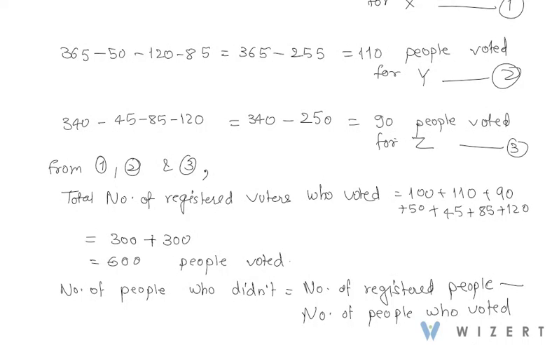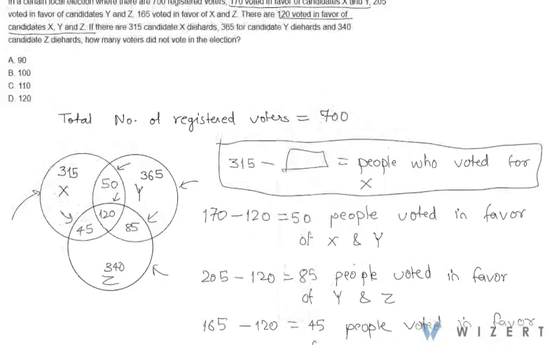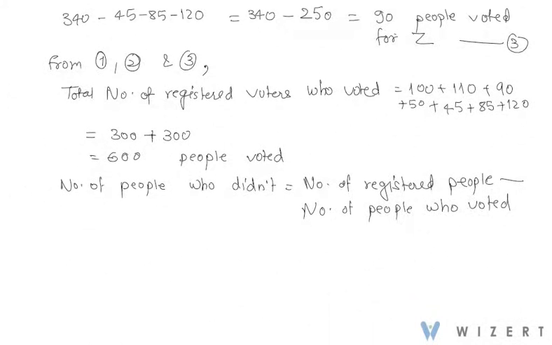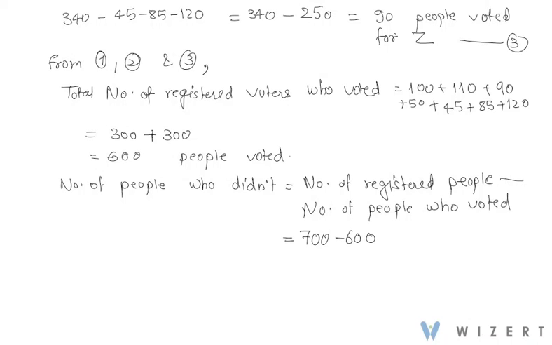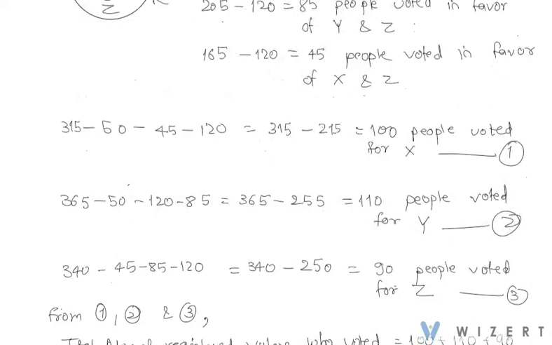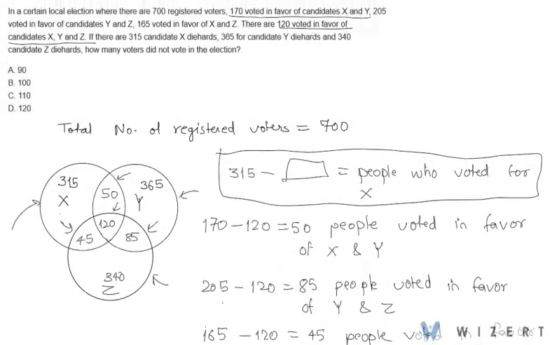The total number of registered voters is 700. So that is equal to 700 minus 600 equal to 100. So the answer is 100 people didn't vote. Let's see, the answer is option B.